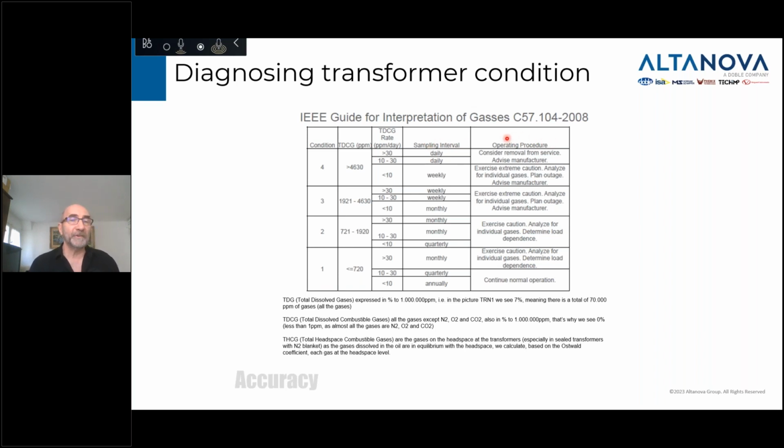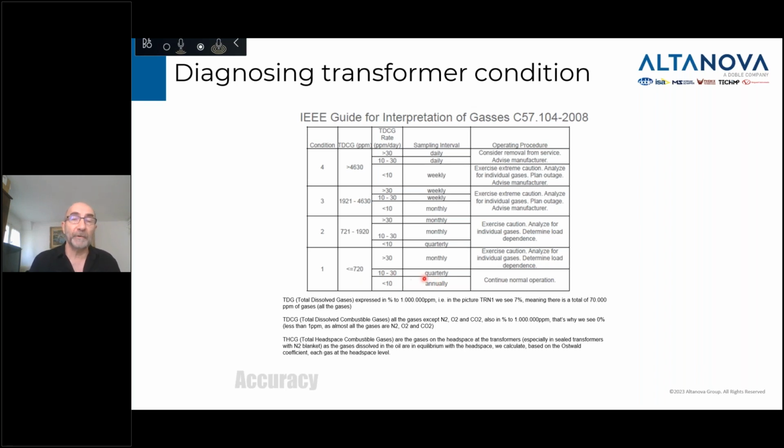Now, all 3 of those standards, the IEEE, the Doble, and the IEC, will not give you a diagnostic. They will just tell you if there is potentially a fault developing, what the criticality of that fault could be, and what the next step should be as far as the DGA sampling interval. If you look at condition 1, if your total dissolved combustible gas is equal to or less than 720 and the rate of increase of your TDCG is less than 10, you continue your normal operation and do your DGA.